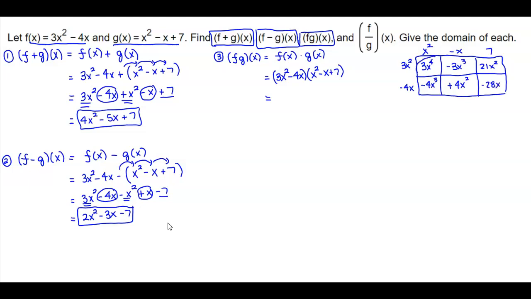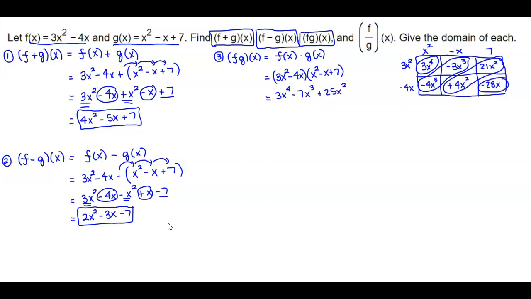So now we're going to combine like terms. We have 3x to the 4th. And these are like terms: minus 4x cubed minus 3x cubed gives us minus 7x cubed. And then we have 4x squared plus 21x squared, which gives us plus 25x squared.